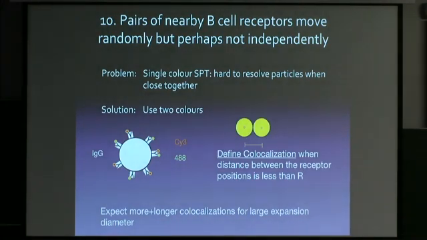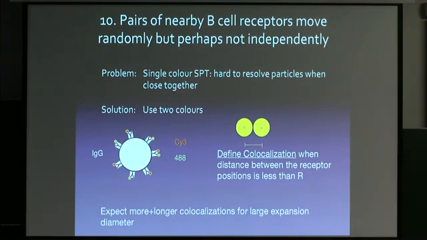All right, the 10th thing is pairs of nearby B cell receptors move randomly, but perhaps not independently. We were sufficiently concerned about not understanding the clustering and the mobility of individual receptors that we tried to do a 2-color experiment to tease these things apart. Remember, one of the problems with super resolution is it's difficult to image 2 things close together in the same color.